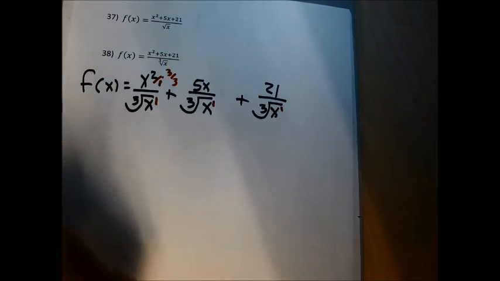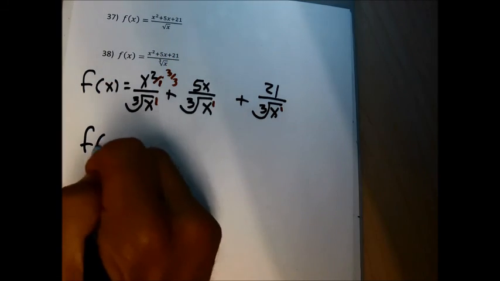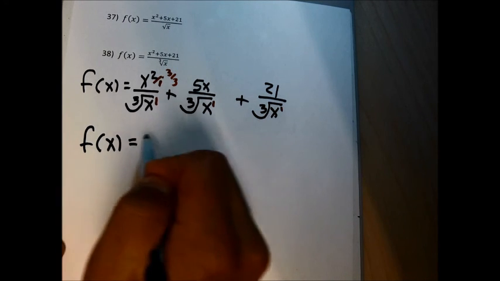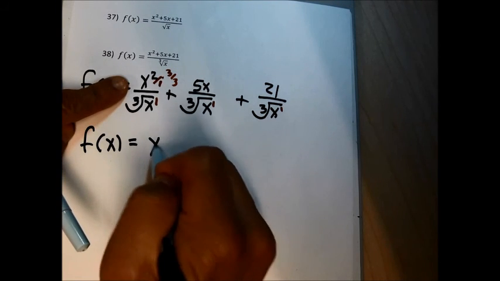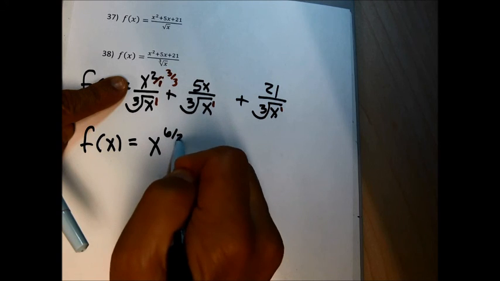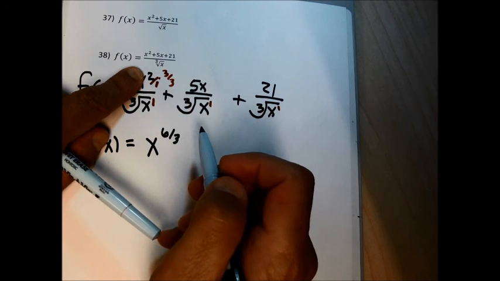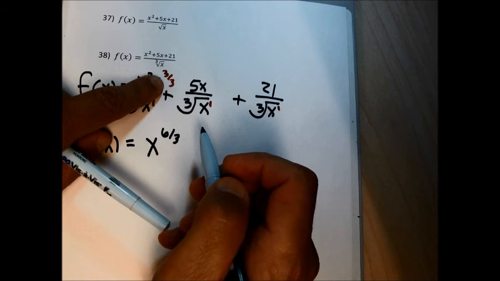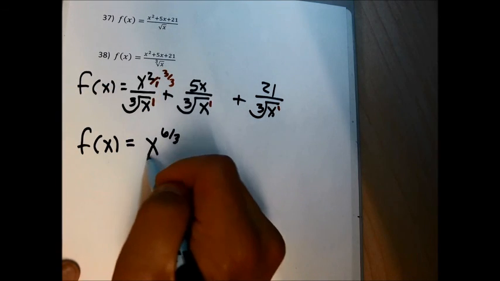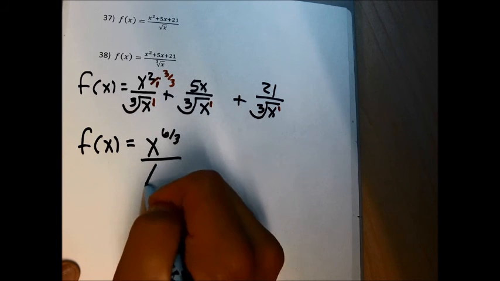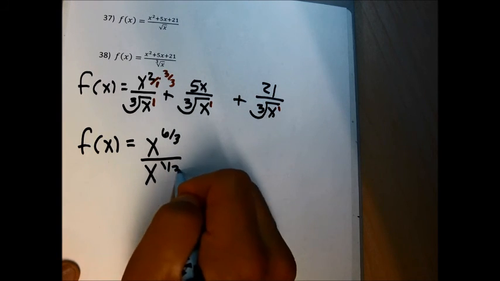So I'm going to rewrite the first fraction, both the numerator and the denominator. I'm going to write its exponent as x to the 6 over 3, because 6 over 3 is equal to 2. To change an integer into a fraction, you write it over 1, and then you multiply it by what you need the denominator to be. First denominator is going to be x to the 1/3.